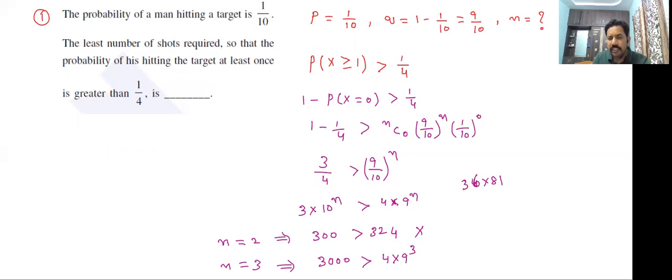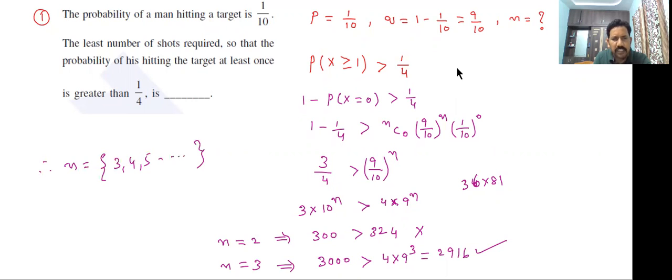So 36 into 81, how much? This value is 2916. So 3000 is greater than 2916. Okay. So here n values exist as 3, 4, 5 and so on.